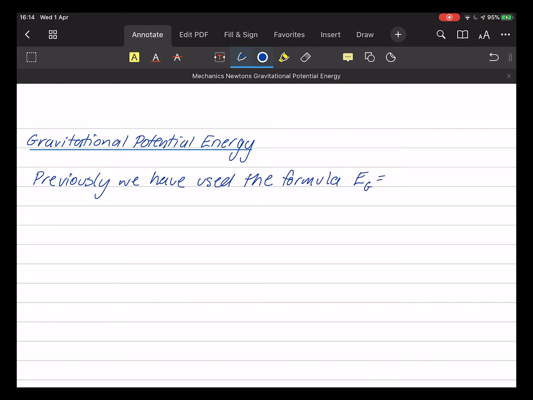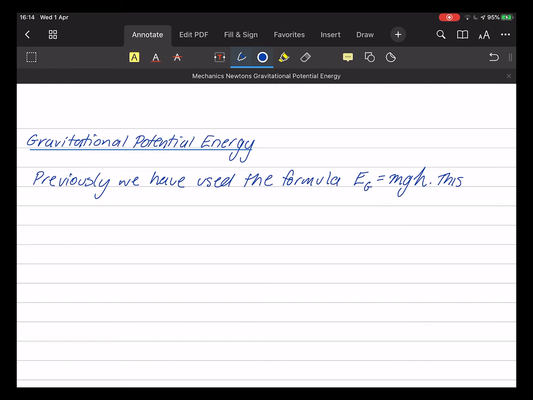The textbook in a lot of places uses a big U for gravitational potential energy. Not the biggest fan. So previously we've used this to find gravitational potential energy. Now, of course, if I was plotting energy versus gravity there, that in fact would be a straight line.